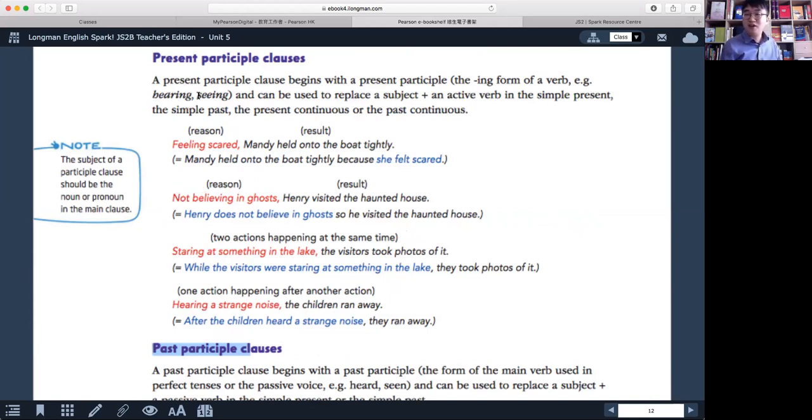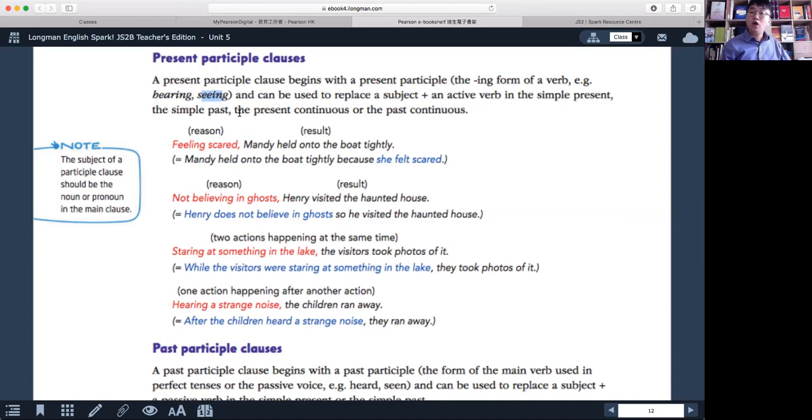Let's look at here. First of all, before we understand what present participle clauses are, we should know what a present participle is. A present participle is the ing form of a verb. For example, we have hearing, we have seeing. These are what we call present participles.